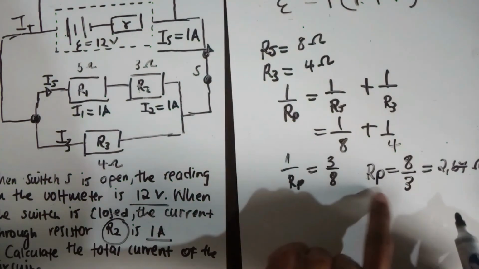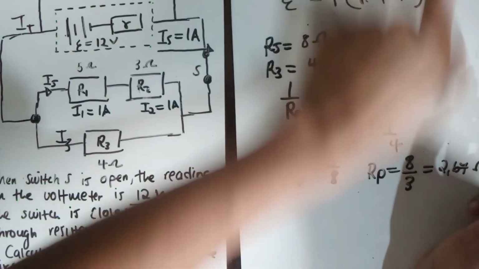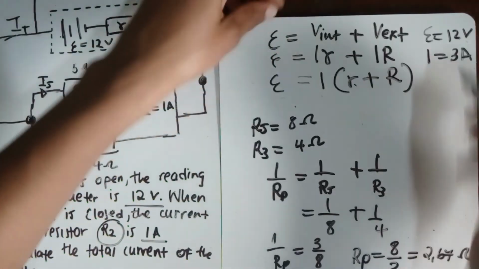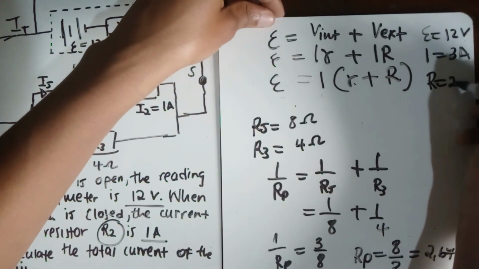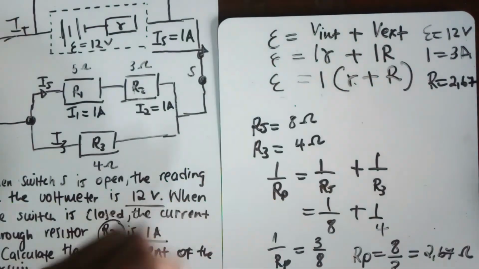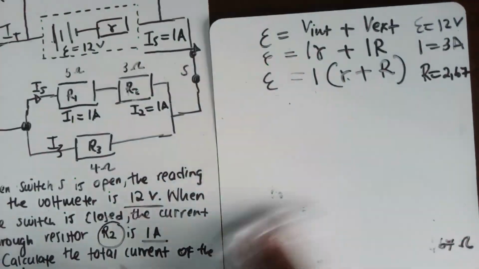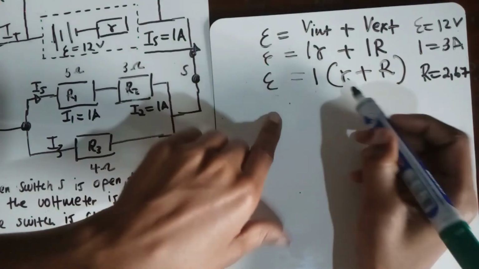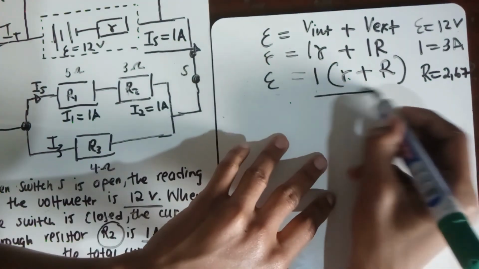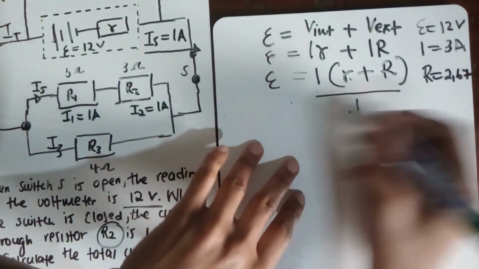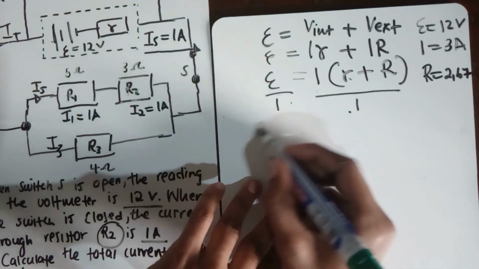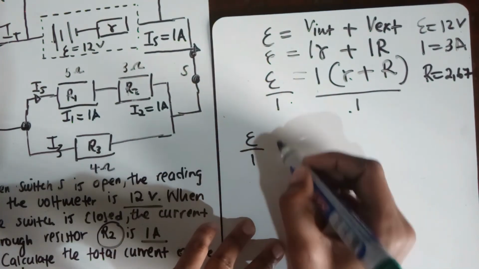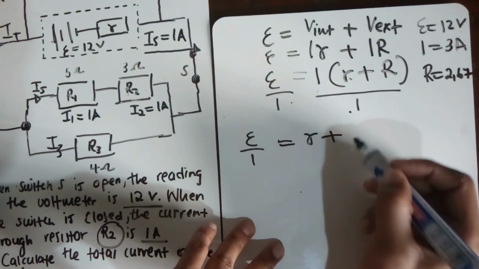Okay, so now we have RP, which is this R over there, right? So we found R, we said it's 2.67. So meaning we can actually just find what r is. We can divide both sides by I, the current. So we find that E over I equals R plus r.